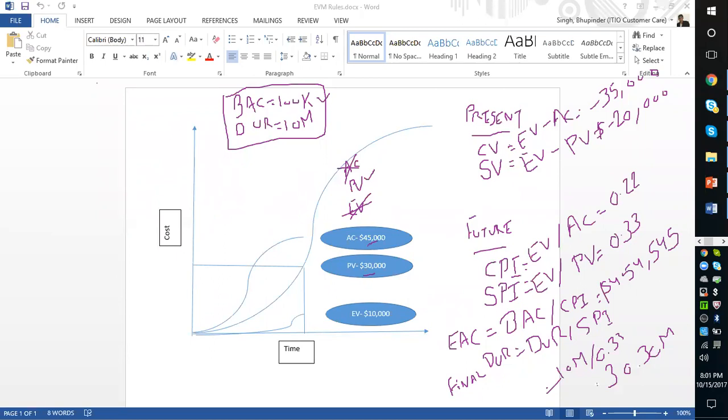And final duration is the initially decided duration divided by SPI. For cost variance and schedule variance, negative numbers indicate we are behind schedule or overspent.